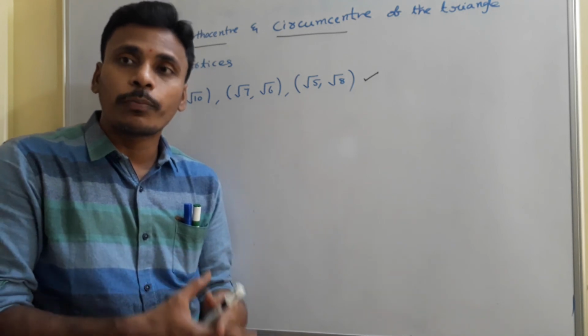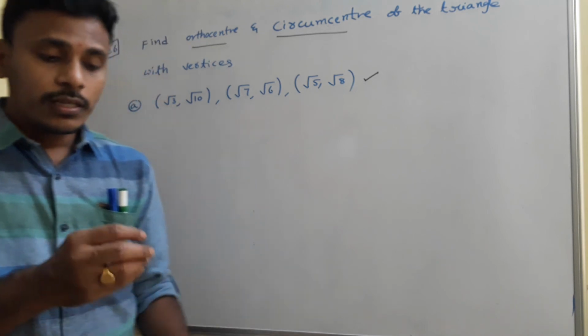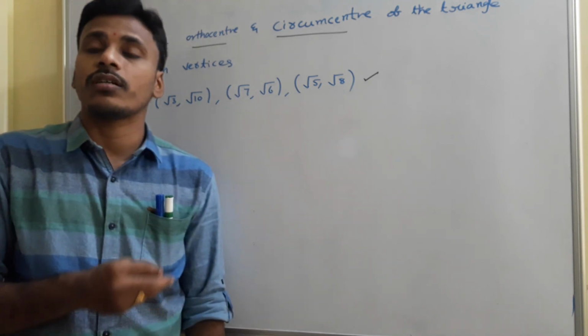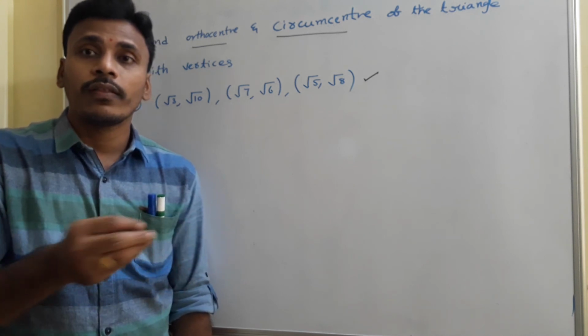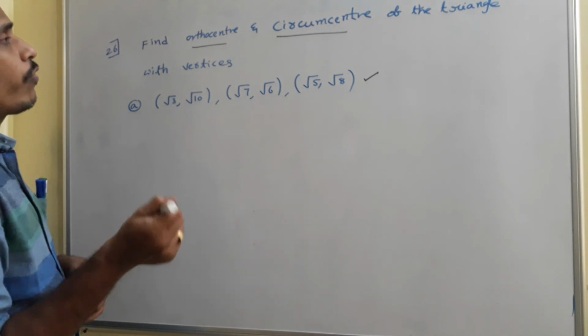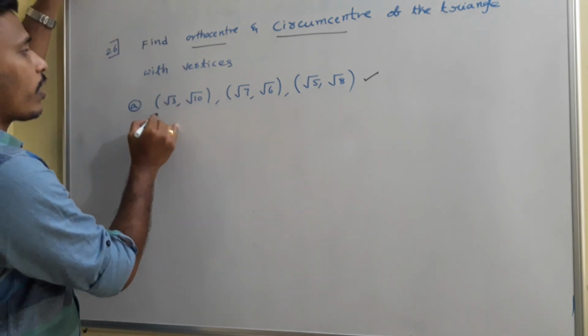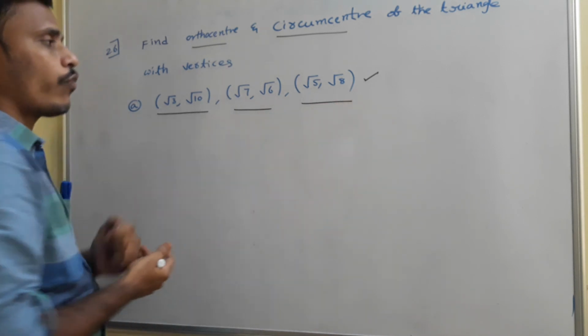We need to move with a procedure. And that's why we are searching for the simplest ways of finding orthocenter and circumcenter. But those simple ways depend on the type of triangles. So that's why, to find orthocenter and circumcenter of the triangle with the vertices (root 3, root 10), (root 7, root 6), (root 5, root 8).